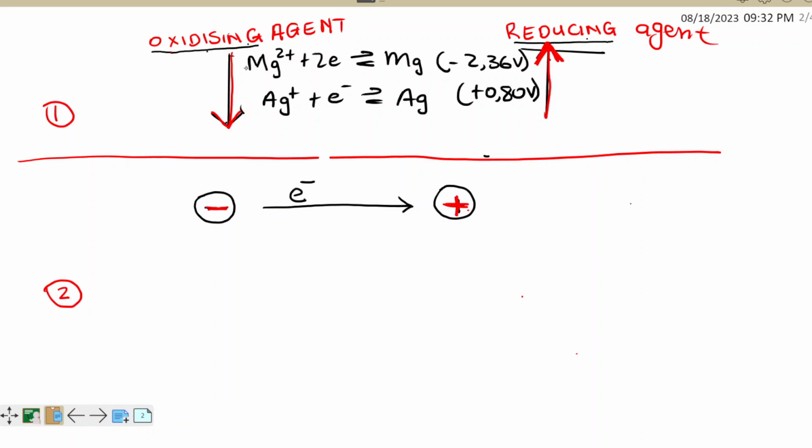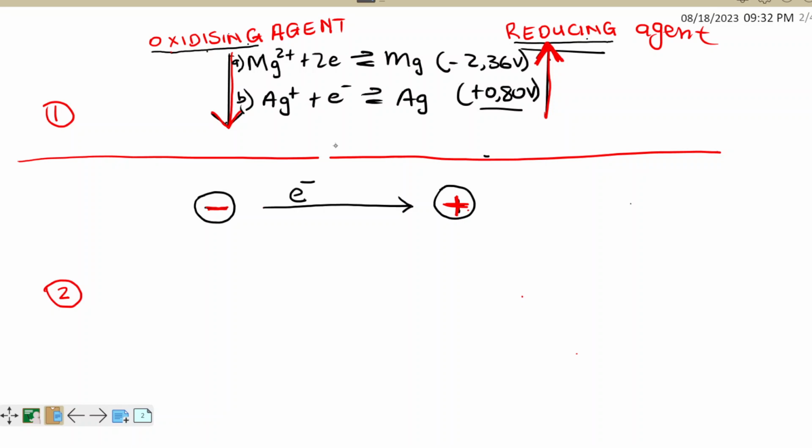And then you saw that the first reaction was the magnesium reaction with negative 2.36 volts. Then the second reaction was the silver reaction, Ag+ plus 1 electron to give us silver, which has a positive 0.80 volts. The one on top is magnesium, the one below is silver.